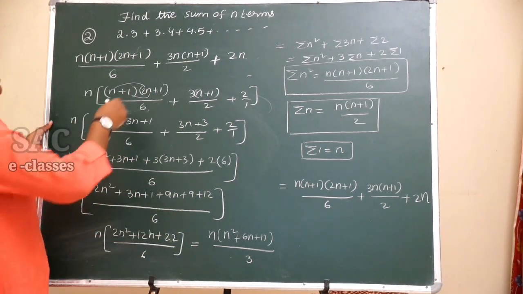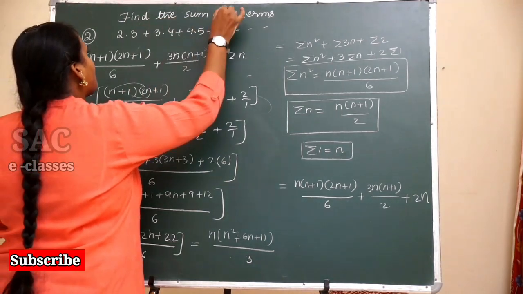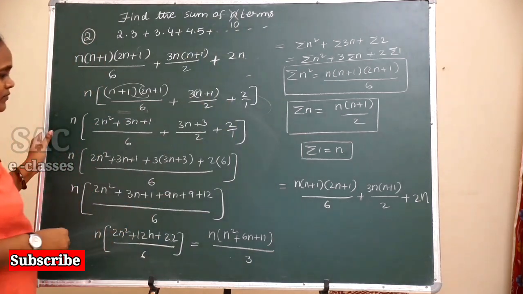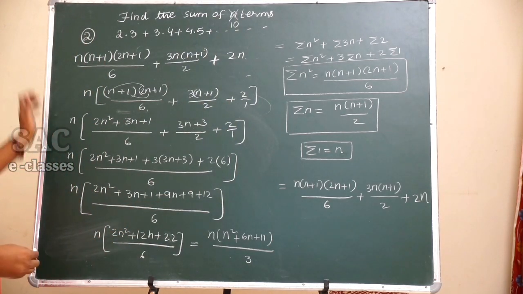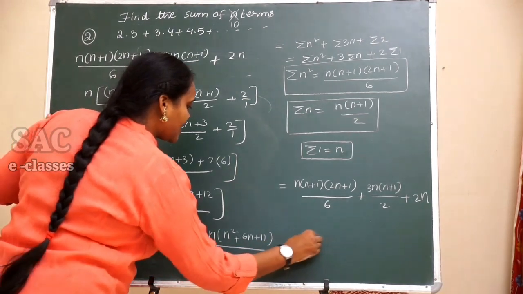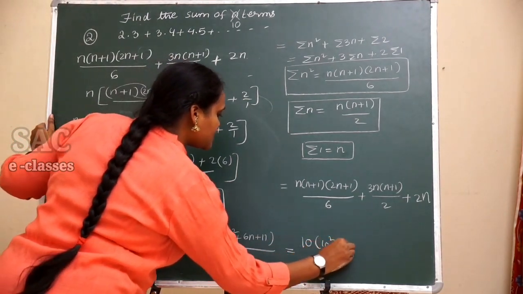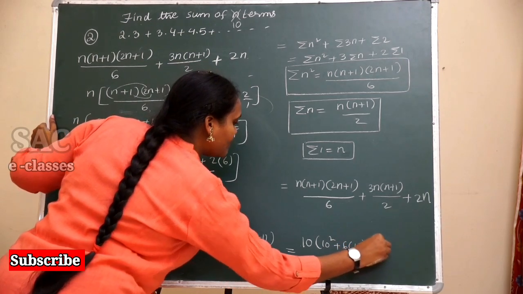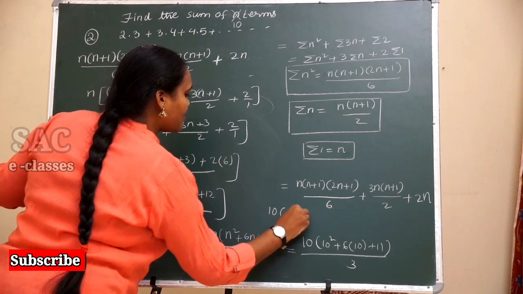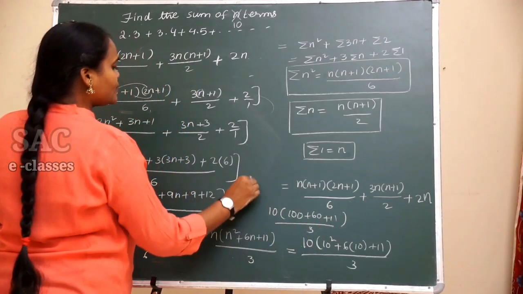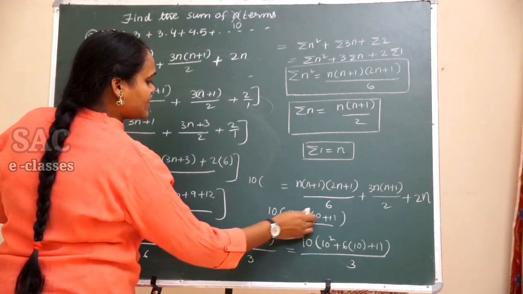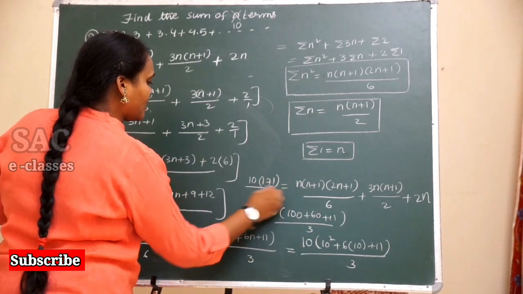Sometimes instead of n terms, they will ask for the sum of 10 terms. So what will we do? We will follow the same procedure. We substitute n as 10: 10 into 10 square plus 6 into 10 plus 11, whole by 3. 10 into 100 plus 60 is 160, 160 plus 11 is 171, by 3.